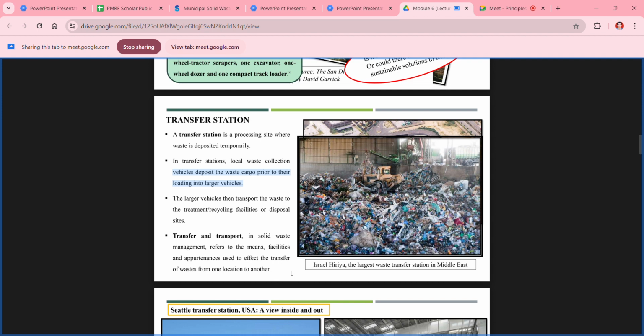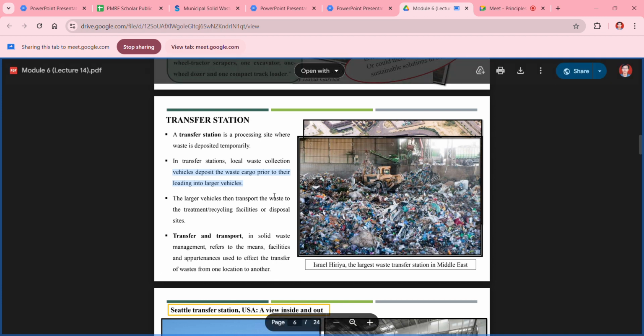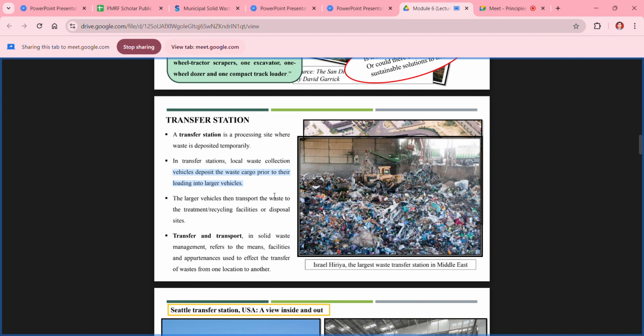The hauled container systems will collect the waste from those container sites and transfer it to the transfer station, and from there the bigger trucks will take that waste and transport it to the disposal site outside the city. To provide better connectivity and a better collection system, we use these transfer stations.